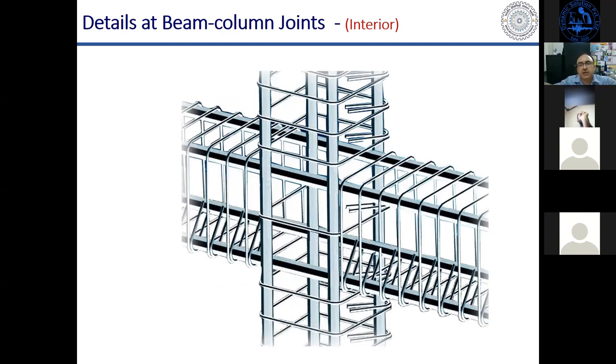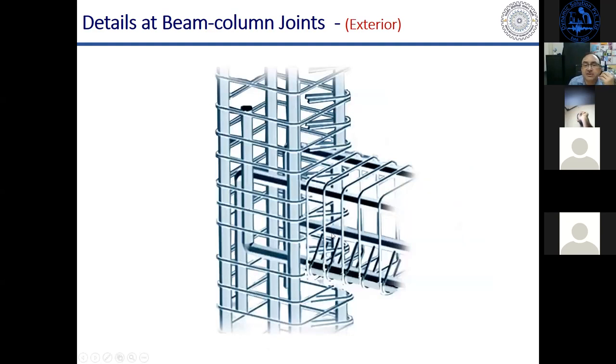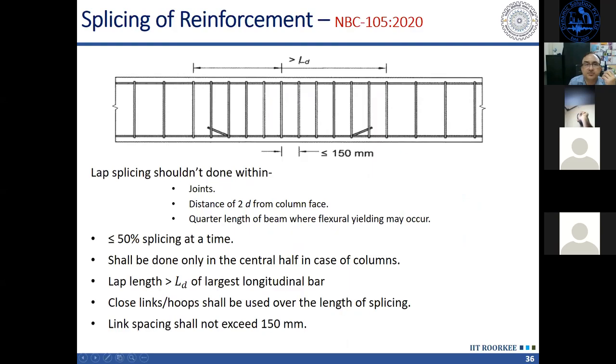In beams we have longitudinal reinforcement, which will act like a confining reinforcement in the column, and the concrete of the beams will also confine the concrete of the joint portion in the column. So here the confinement comes from the beams, so we can reduce the spacing. But if it is an exterior joint, if we do not have a beam on any one side of this joint, then we have to go for the same reinforcement as we have in the column region.